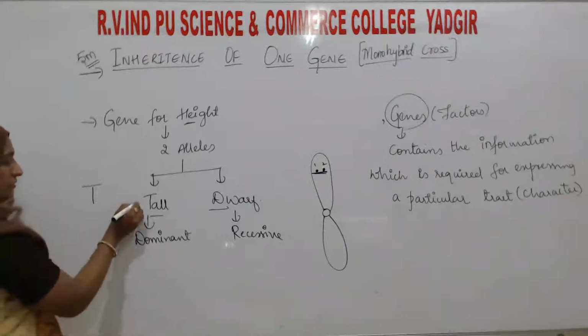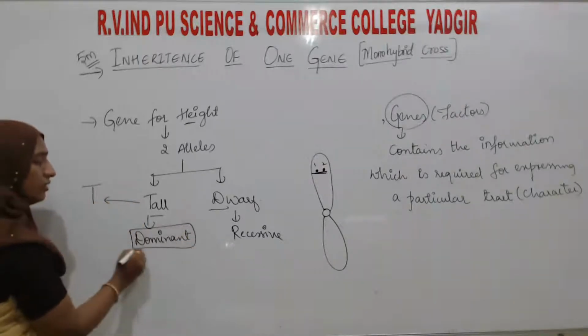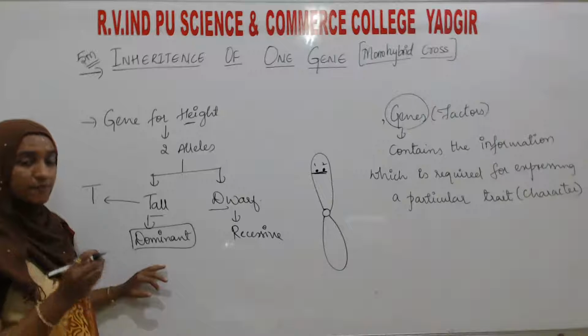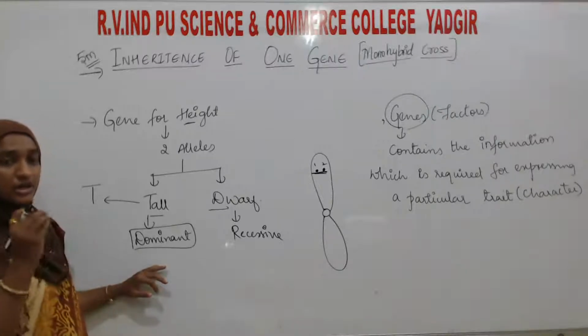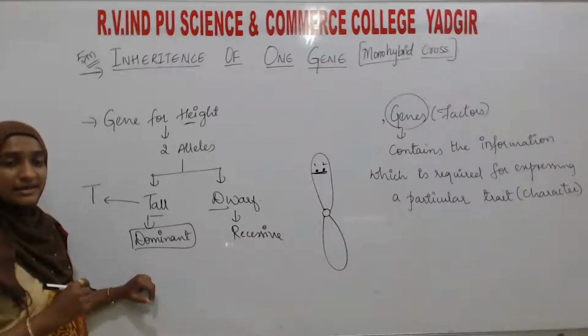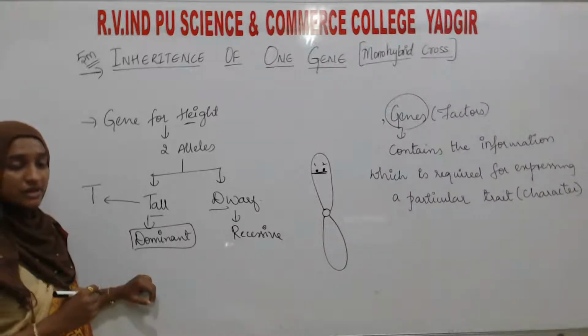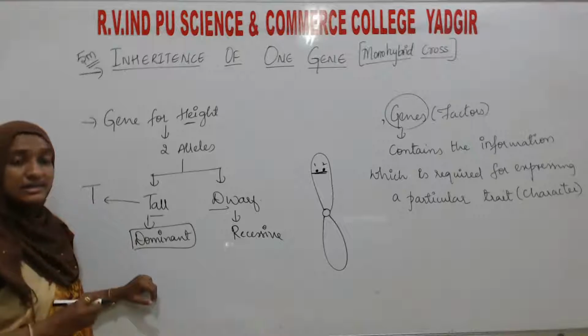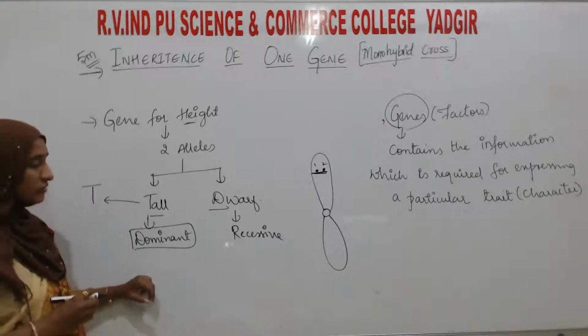Not only here, if you take the color of the seed, two contrasting characters are there: one is yellow and the other is green.